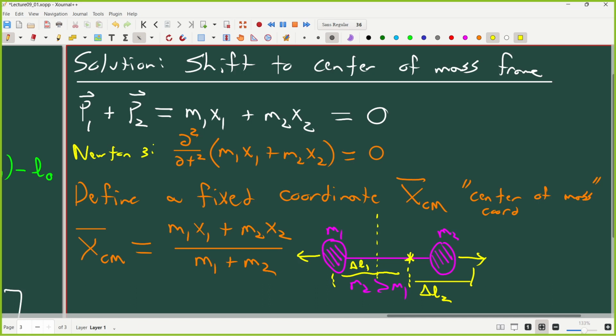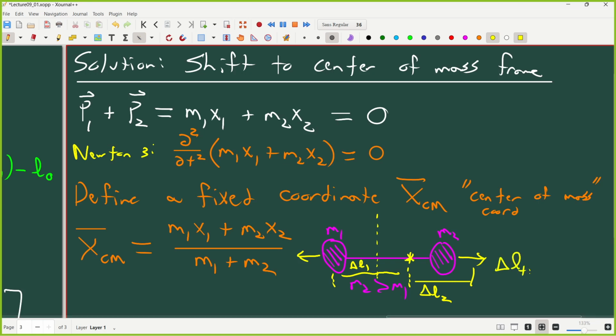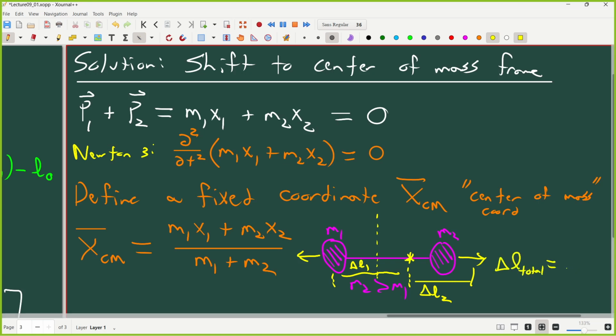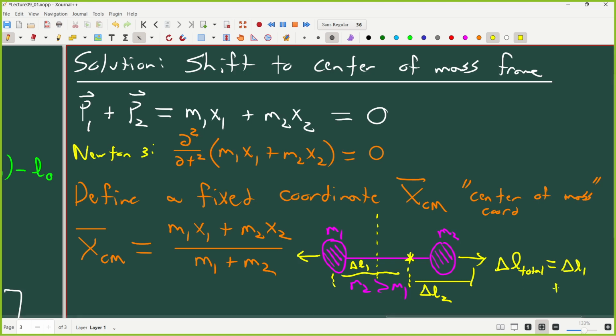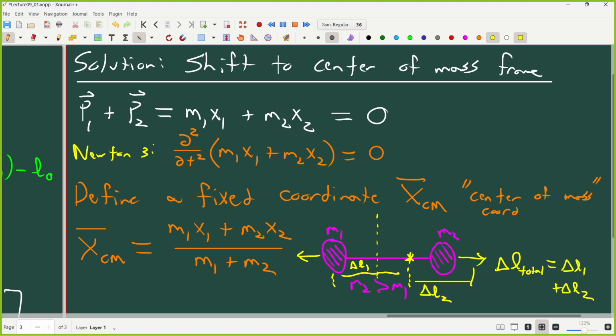If this atom is moving away from the center of mass and this one is moving away from the center of mass in that direction, we don't have to worry about the coordinates of those two atoms. The only thing we care about is the difference, delta L1 plus delta L2. That's the total displacement. Delta L total is delta L1 plus delta L2. So this sum is always there.